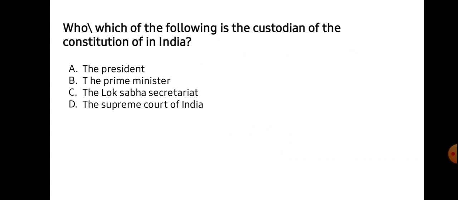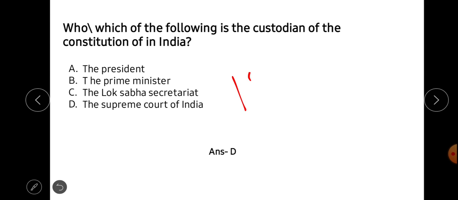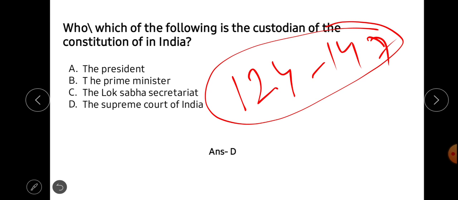Who or which of the following is the custodian of the Constitution of India? The correct answer will be D, that means the Supreme Court of India. Let's make out one thing, that articles 124 to 147 are all related to the Supreme Court of India.